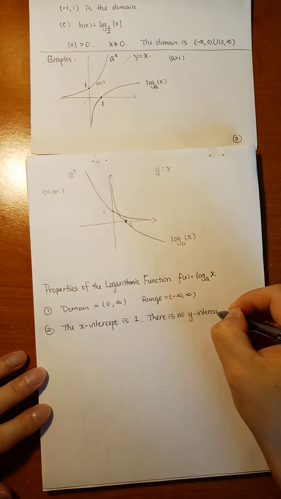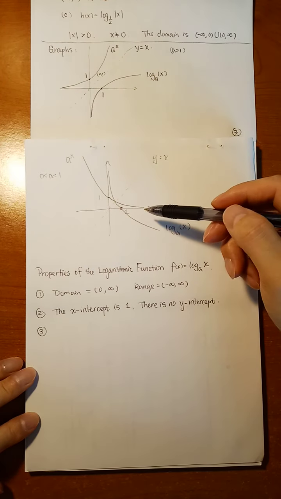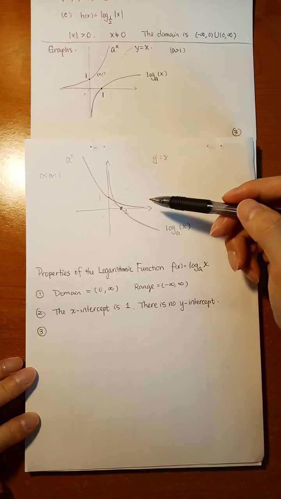Okay? And 3. In the exponential functions, the x-axis is a horizontal asymptote. So after symmetry, the y-axis is a vertical asymptote for the logarithmic function.